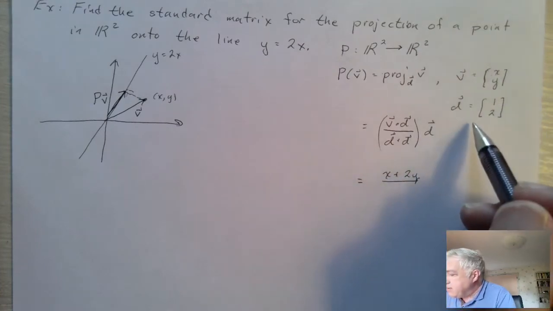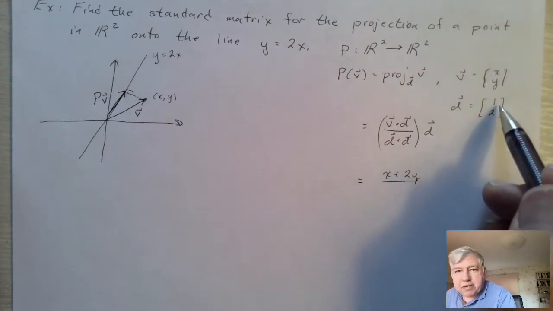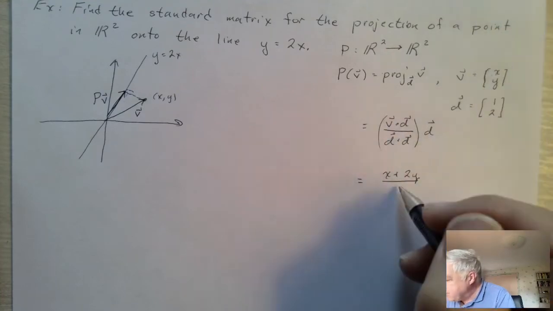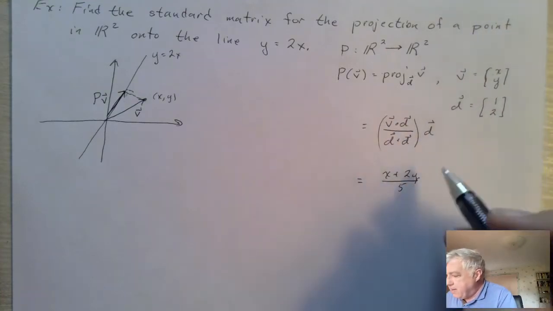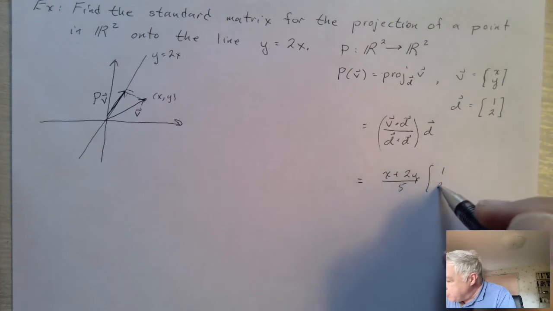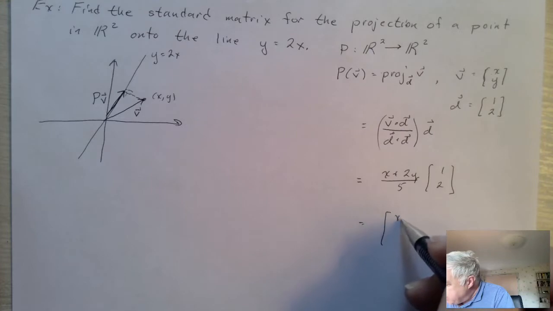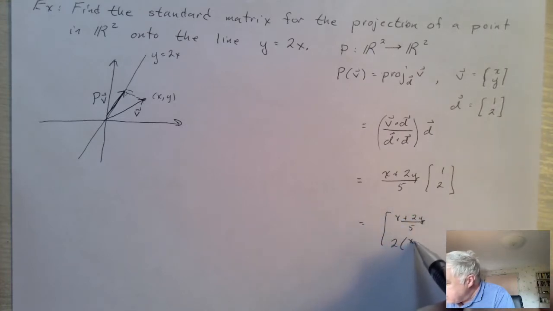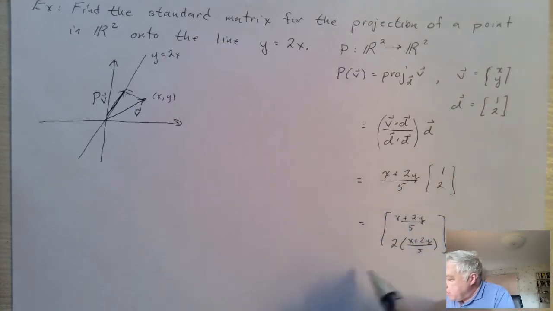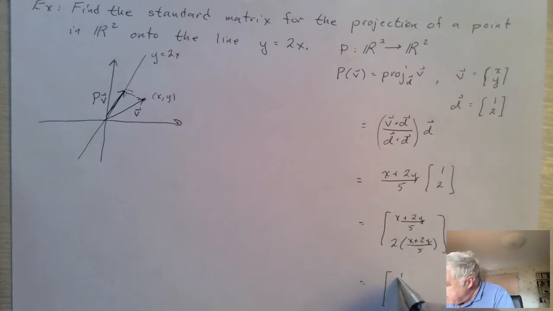And d dot d, the dot product of d with itself, would be 1 times 1 plus 2 times 2, that's 5. Then d is still (1, 2). So this will be (x plus 2y) over 5, times (1, 2), giving (x plus 2y over 5, 2x plus 4y over 5). Or we can write this as 1/5 x plus 2/5 y, and 2/5 x plus 4/5 y.